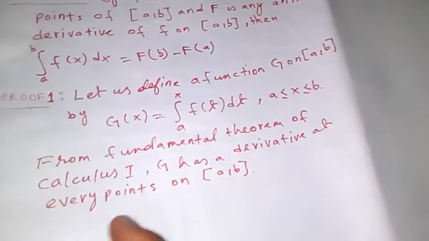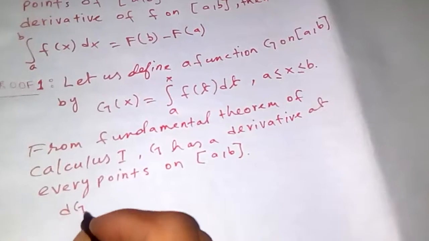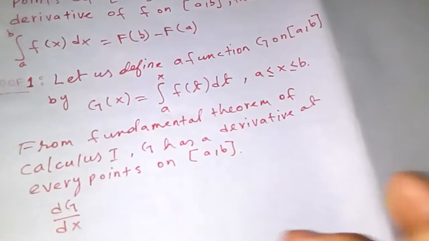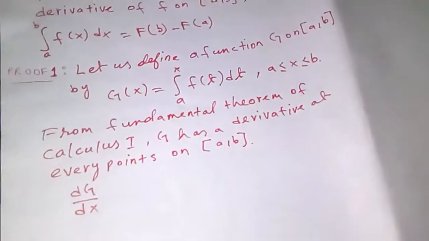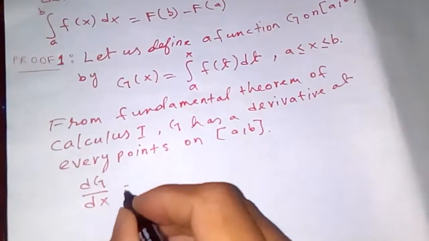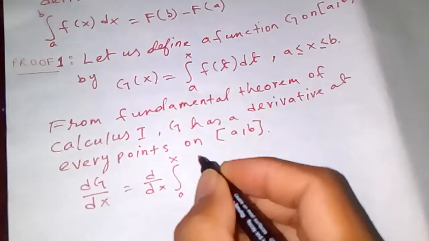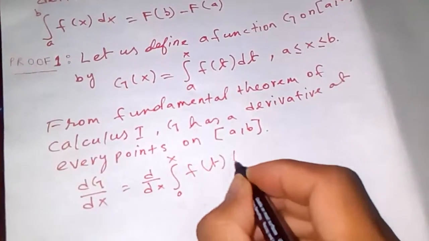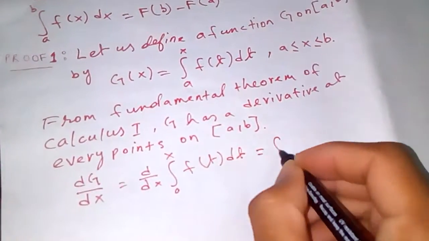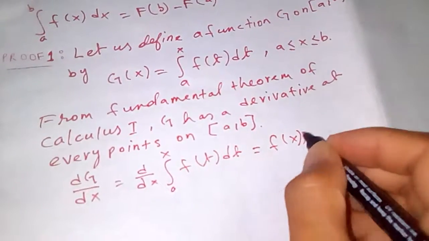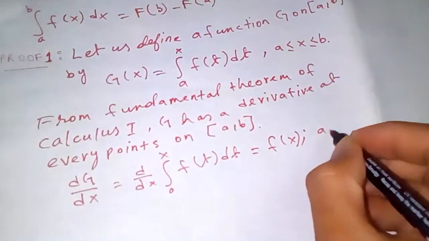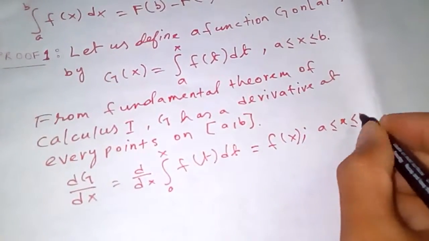You can check it out. So if I take the derivative with respect to x, this will give d by dx of the integral from a to x of f of t dt, and this you get f of x, where x is between a and b.